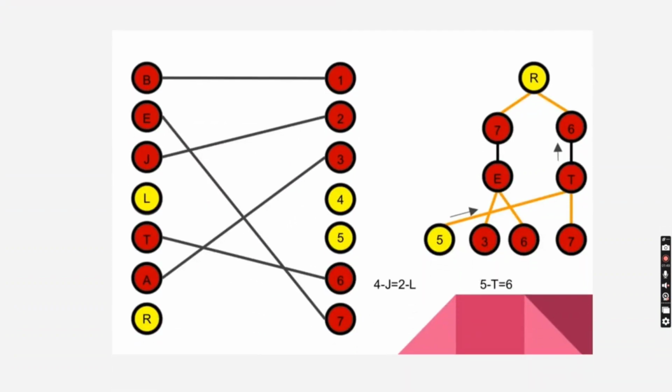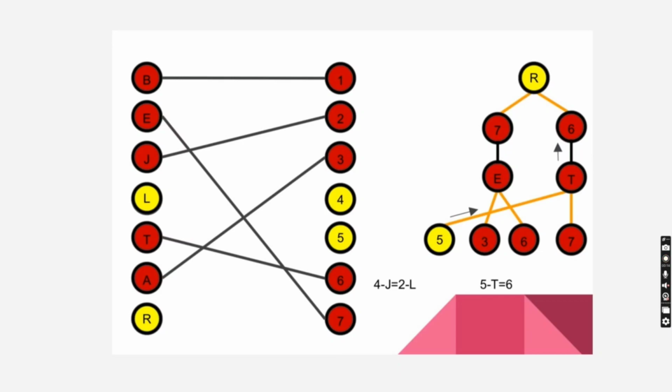Now from 5 we use another path, 5 to T, T to 6, and 6 to R. By using this path we reached the unmatched vertex R on the other side. After that you can see there are no unmatched vertices for us to go to. So we finished this part of the algorithm there.